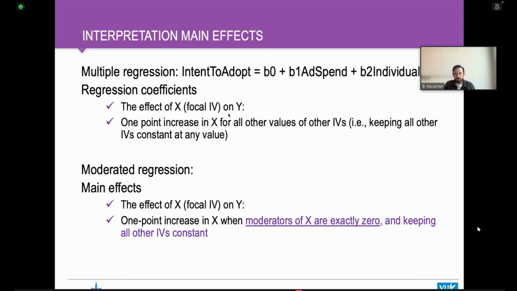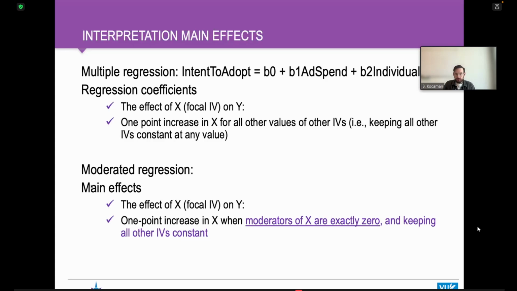When you talk about this focal independent variable, let's say we are interested in ad spend, beta 1 is the effect of 1 unit increase in ad spend on intention to adopt, keeping all other IVs constant at any value. So this is ceteris paribus we talked about. So keeping individualism constant, 1 unit increase in ad spend leads to beta 1 increase in intention to adopt.